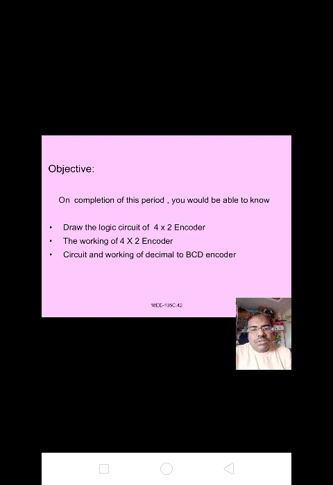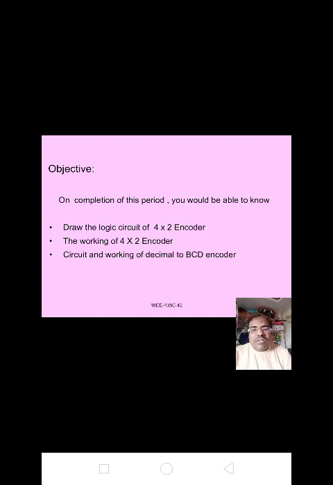Next, objective. On completion of this period, you would be able to draw the logic circuit of 4x2 encoder, the working of 4x2 encoder, and the circuit and working of decimal to BCD encoder.